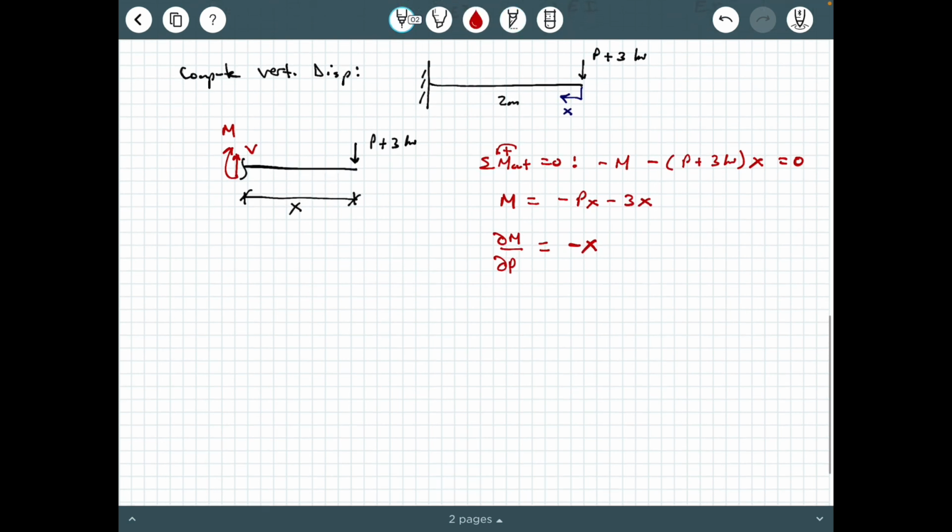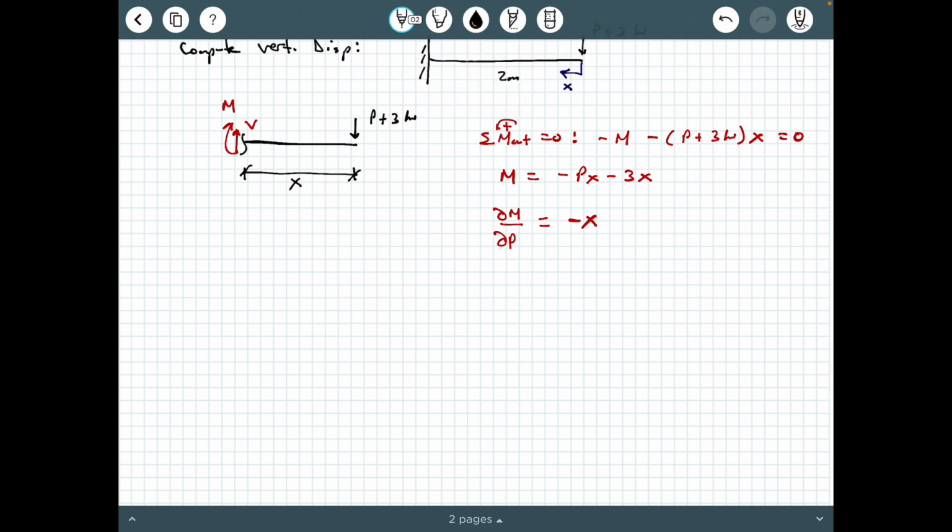And now what I'm going to do is calculate delta B. I'm going to say delta B equals the integral from 0 to L of the moment function times dM/dP, and of course 1 over EI is there, dx. We're also going to make a note to set P equal to 0 in the moment function and the integral because it's not really there.